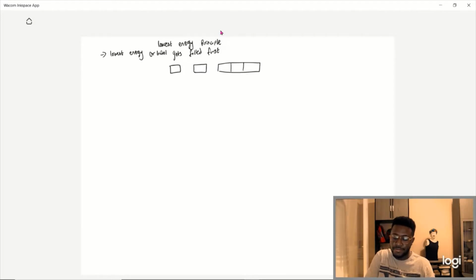Let's say you have carbon. Carbon has 6 electrons. So you're going to fill in the 1s first, followed by your 2s, because your 1s has lower energy compared to your 2s, and your 2s has lower energy compared to your 2p.